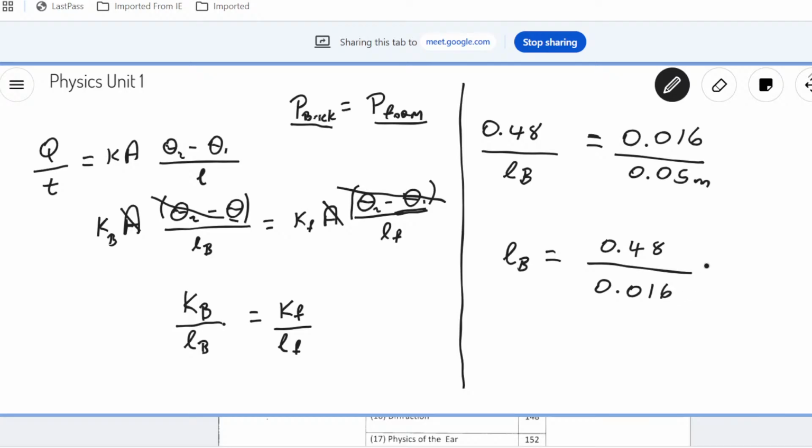Depending on how you transpose, you should get the same answer. So it ends up being 1.5 meters.